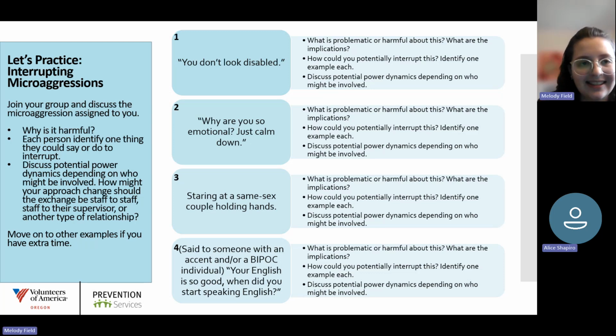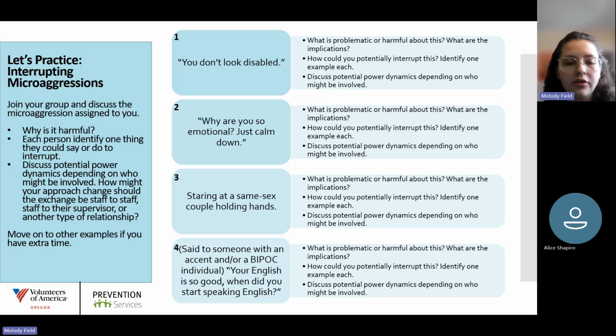Yes, that is what we're working on, any of the 4 scenarios. I see. Wow. I'd like to do them all, but maybe number 4.